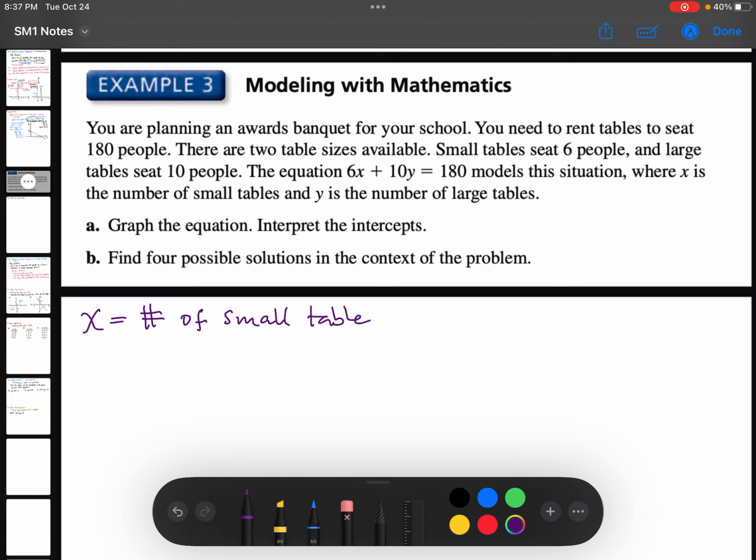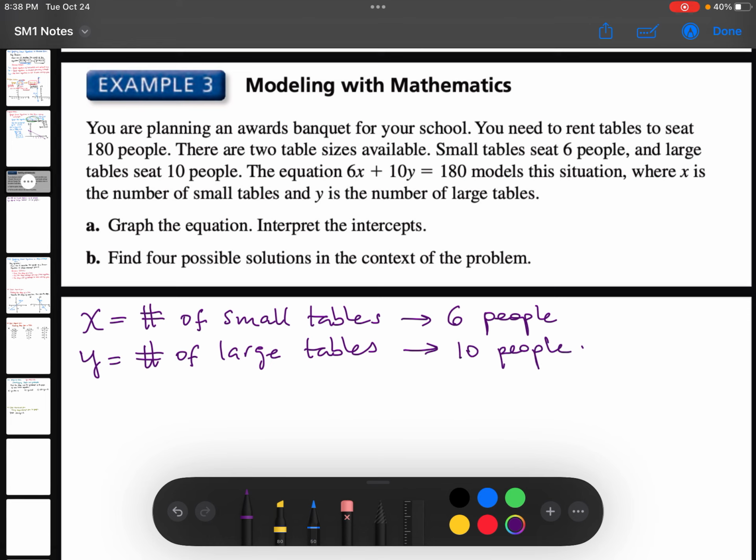Actually, you will see a bunch of combinations here. And large tables seat 10 people. So x number of small tables and each sit 6 people. And y is the number of large tables. And remember, the large tables sit 10 people.